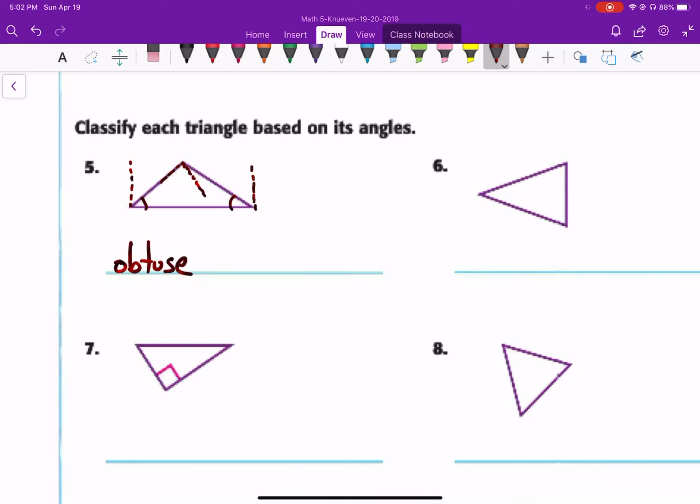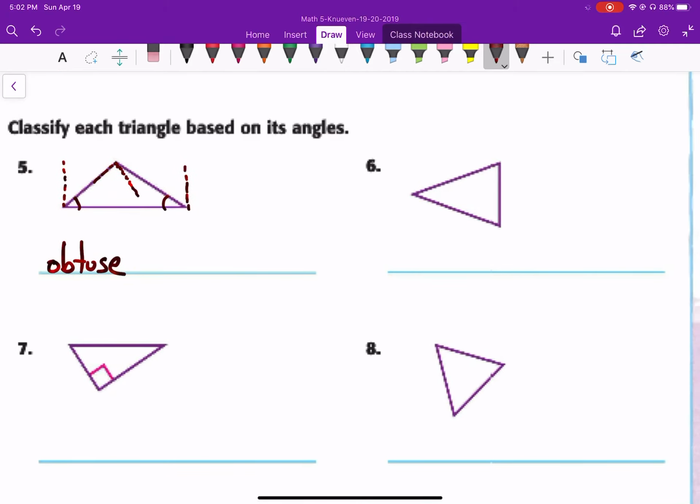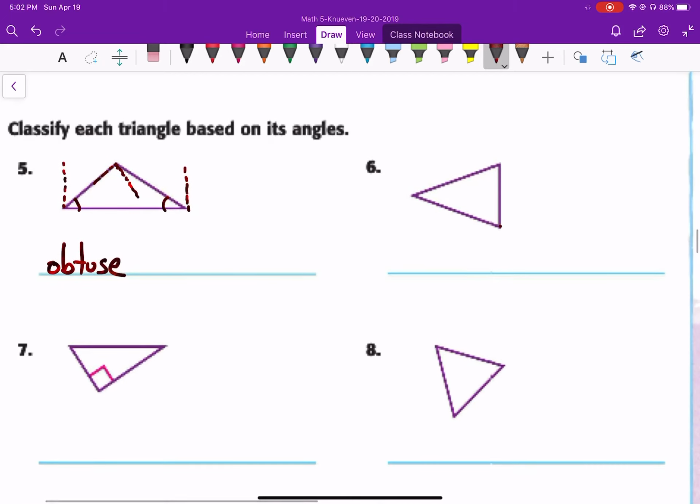All right, now if I look at this next one, again, if I had a 90-degree angle here, that's 90. So that purple line that we see of the triangle, that's less than it. Same thing if I were to draw 90 degrees here, well, that next one is less than 90. And again, if I were to draw another one here, that's less than 90. So this whole triangle is acute.